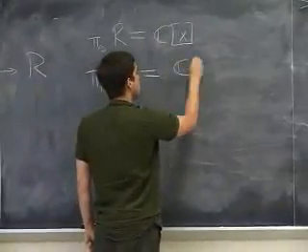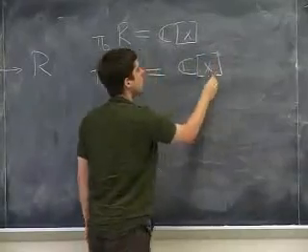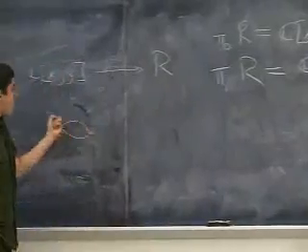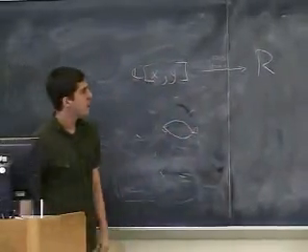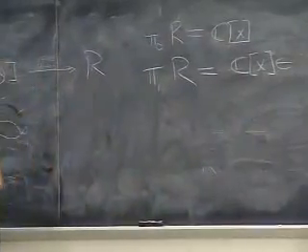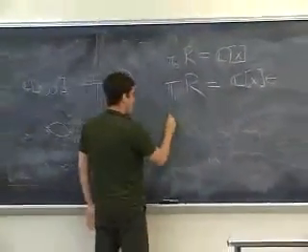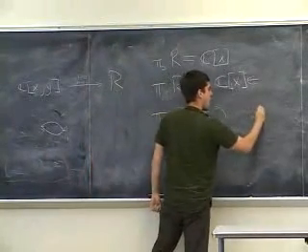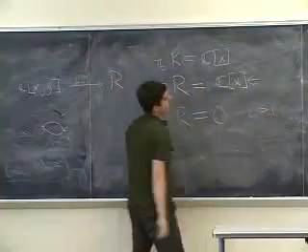But pi 1 of R is also a module over pi 0 of R in a natural way. So if I let epsilon denote that natural path that we can write down, it turns out that pi 1 of R is a free C adjoin x module on the element epsilon. And there are no higher homotopy groups above 1.